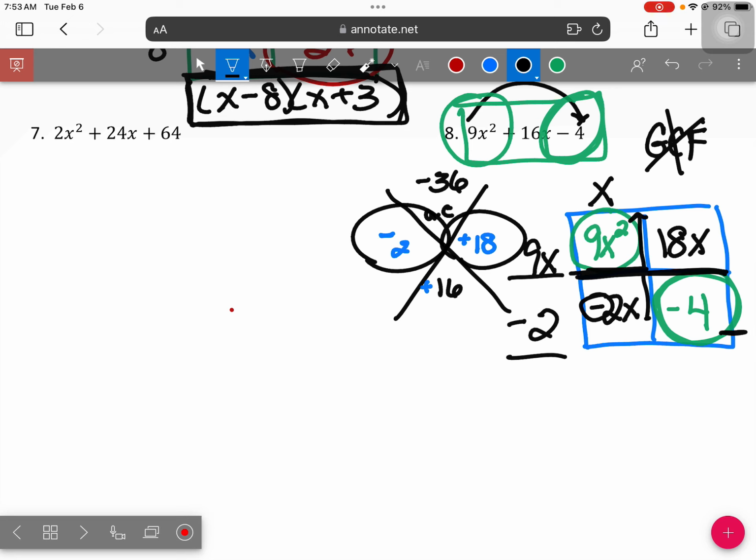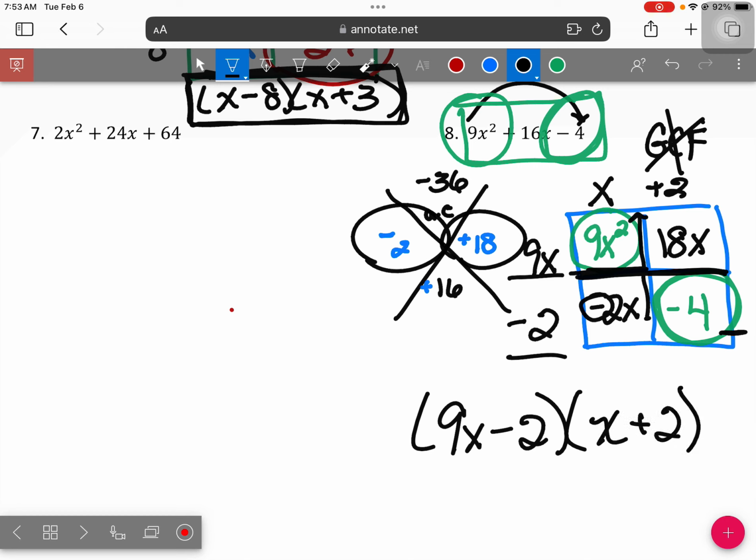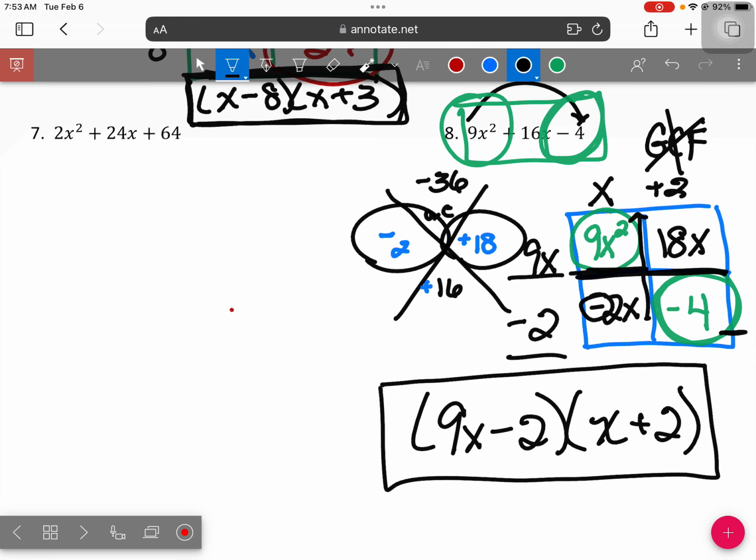And the last one, 18x and negative 4. 2. Yes, plus 2. So my final answer should be 9x minus 2 times the factor x plus 2. Bada boom, bada bing.